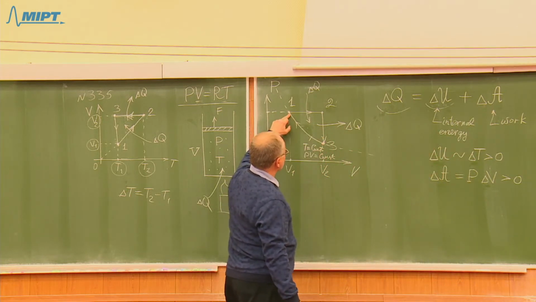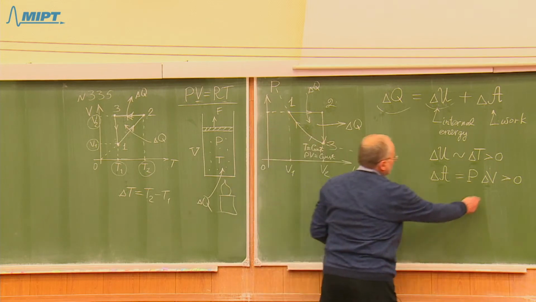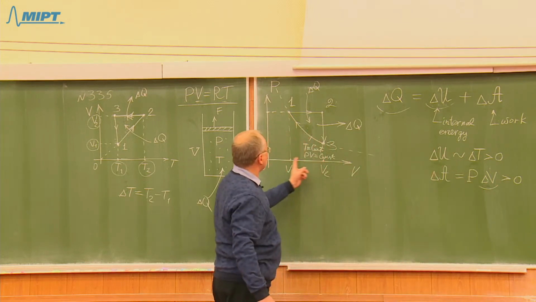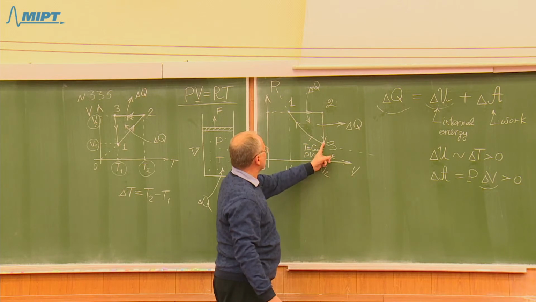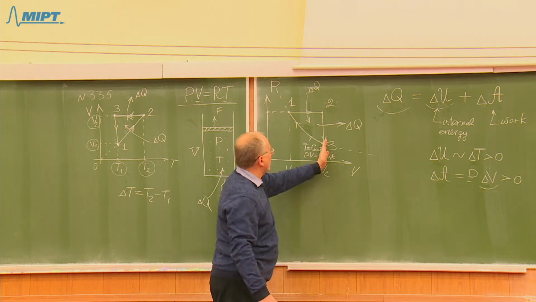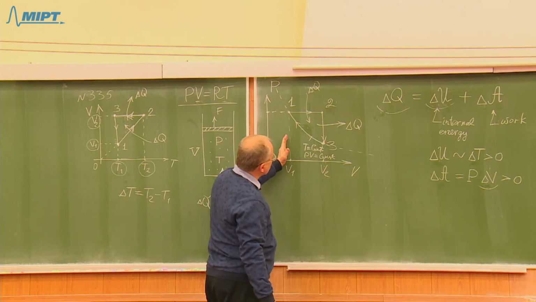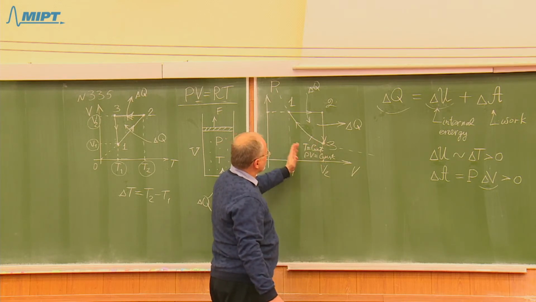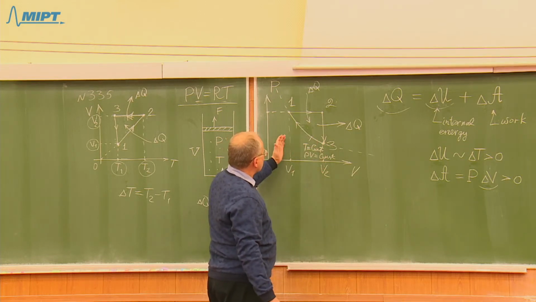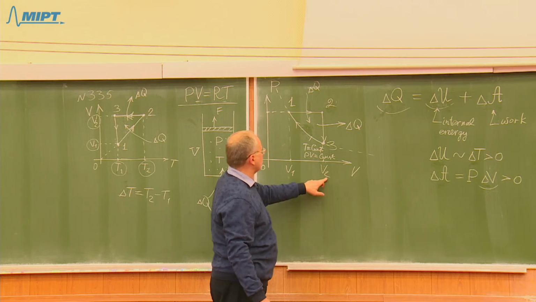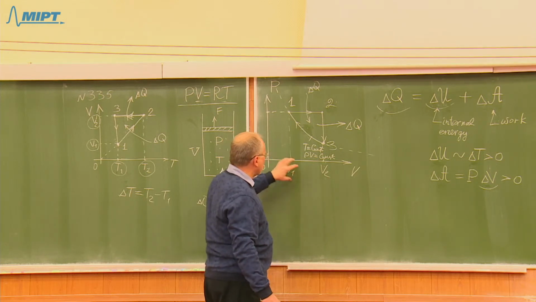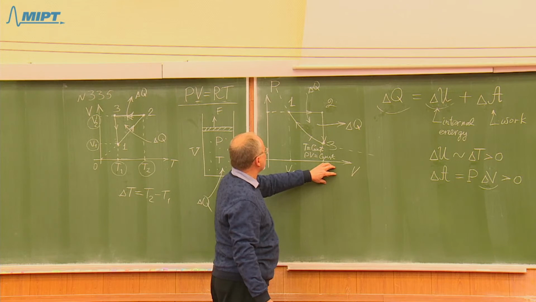What kind of work should be performed here? Work depends on the change of volume. The volume here changes from point 3 to point 1. The volume is decreased, so the change of volume is negative: V1 minus V2, final volume minus initial volume.